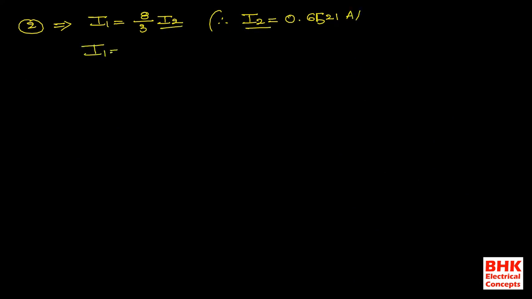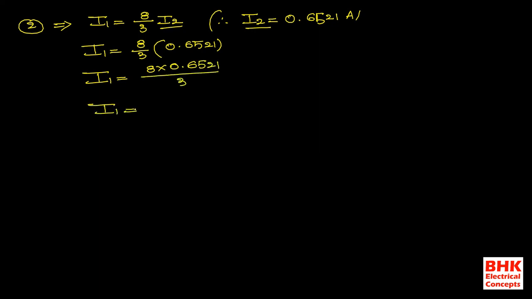So I1 is equal to 8 divided by 3 into 0.6521 ampere of current. Now by simplifying this, 8 into 0.6521 divided by 3 gives the value of current as 1.7389 amperes.